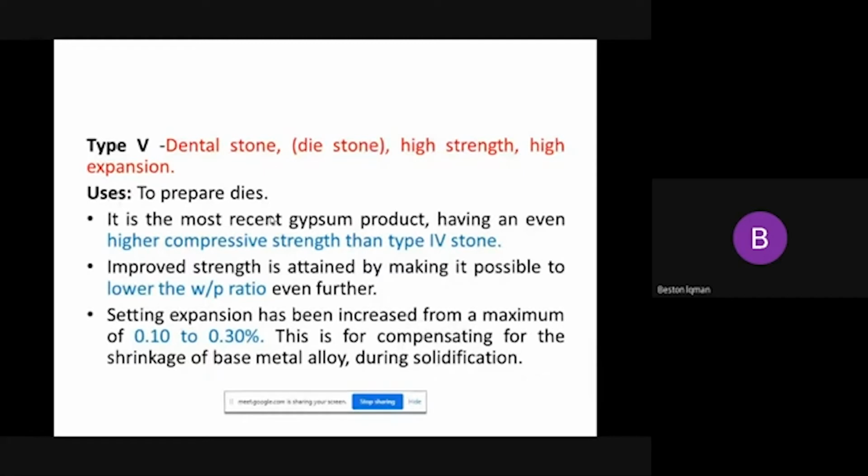You can increase the strength by decreasing the water powder ratio. The setting expansion can be increased to 0.10 to 0.3 percent for compensation for the shrinkage of the base metal alloy during solidification.